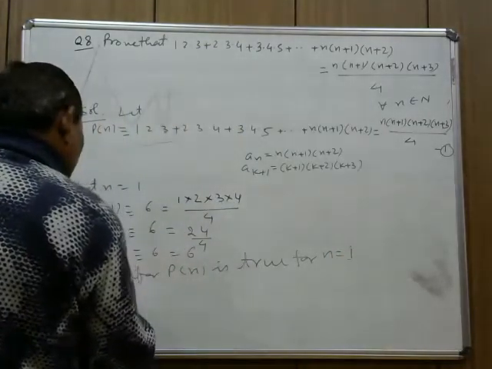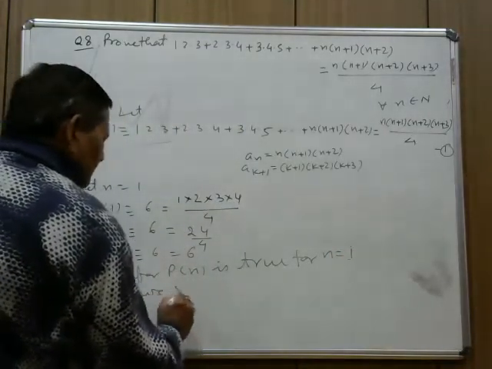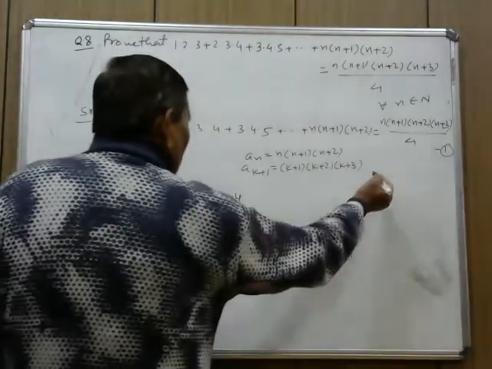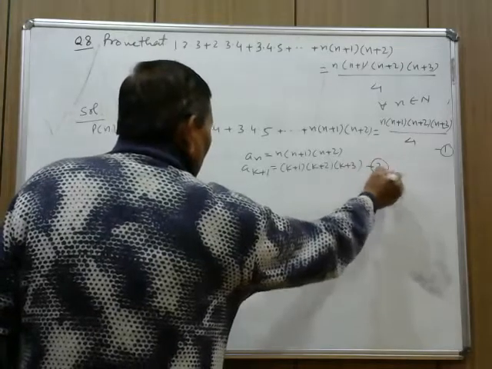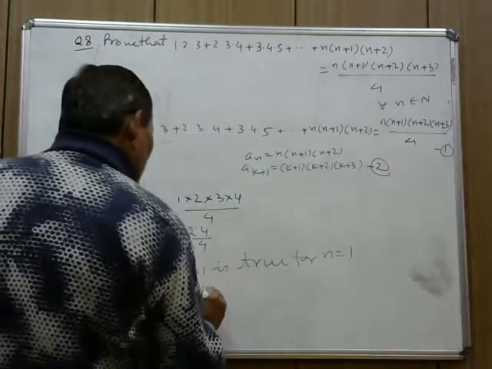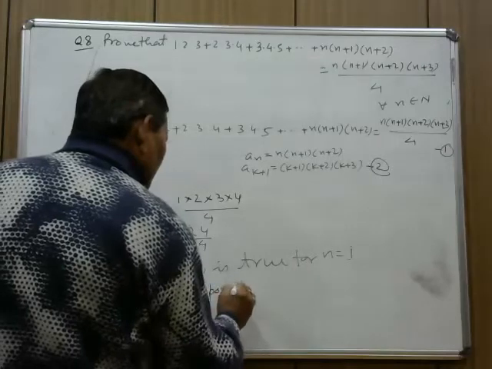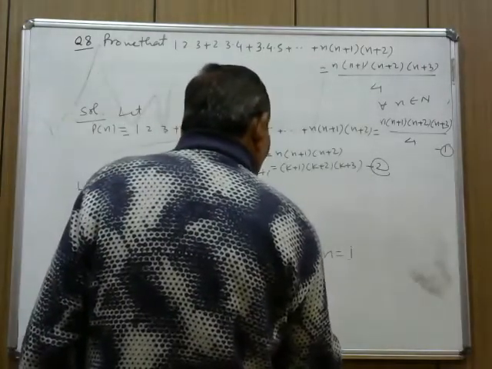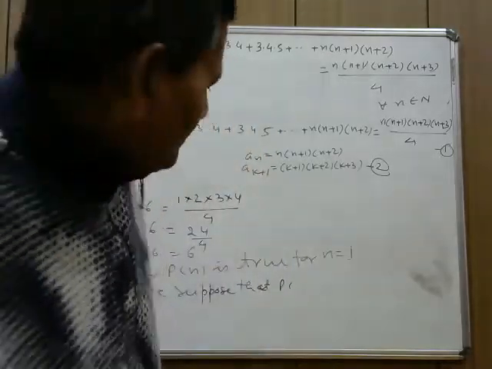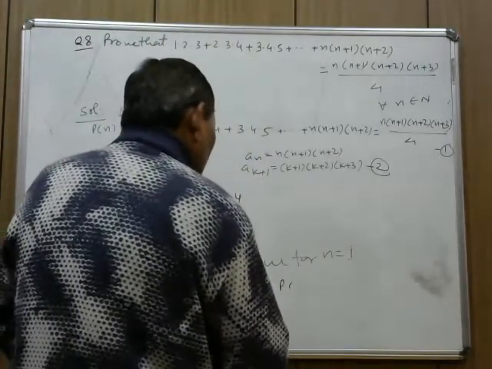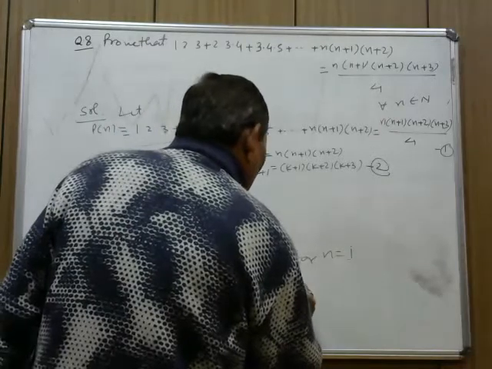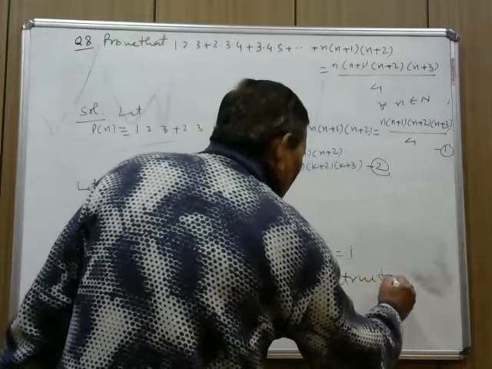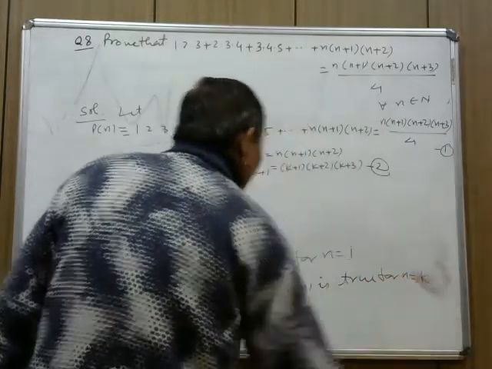Now we suppose that Pn is true for n equals to k.